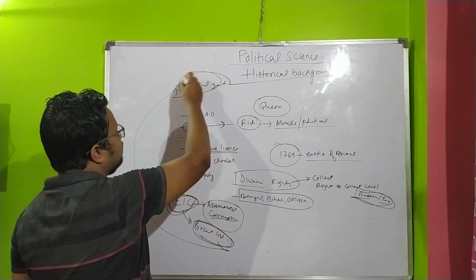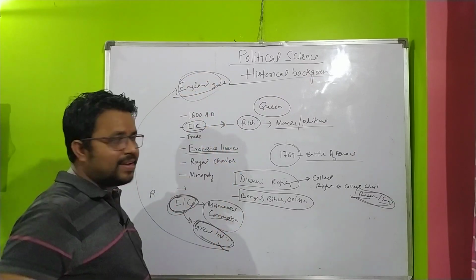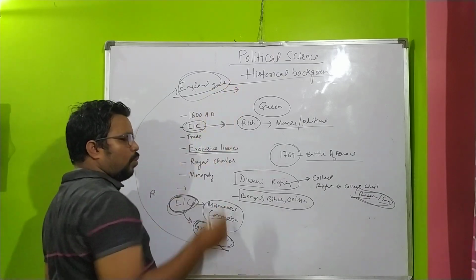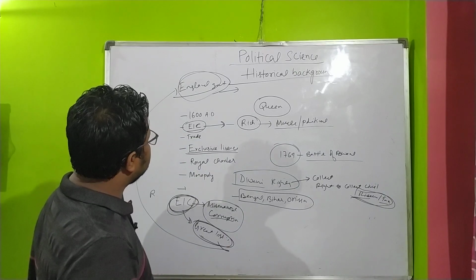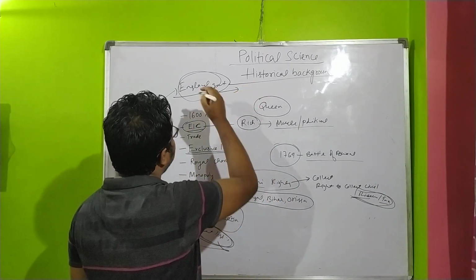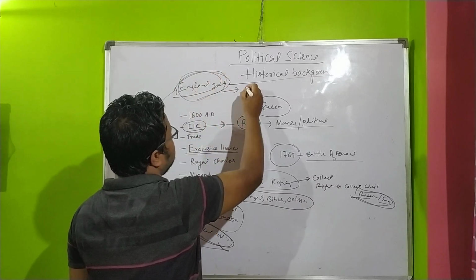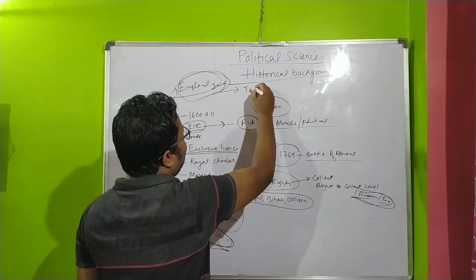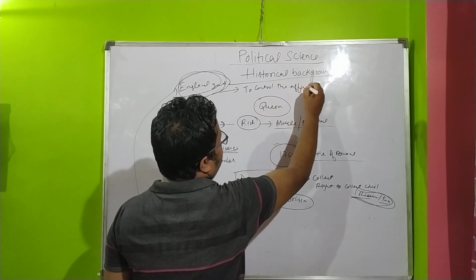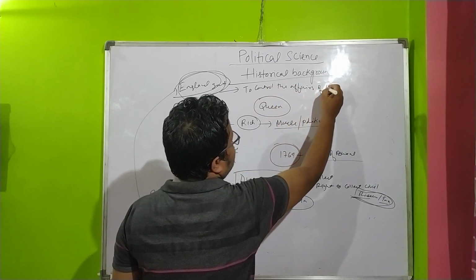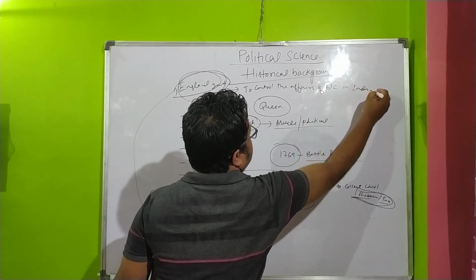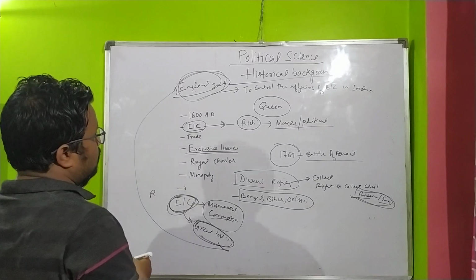As a retaliation, the England government tried to control the affairs of the East India Company in India.